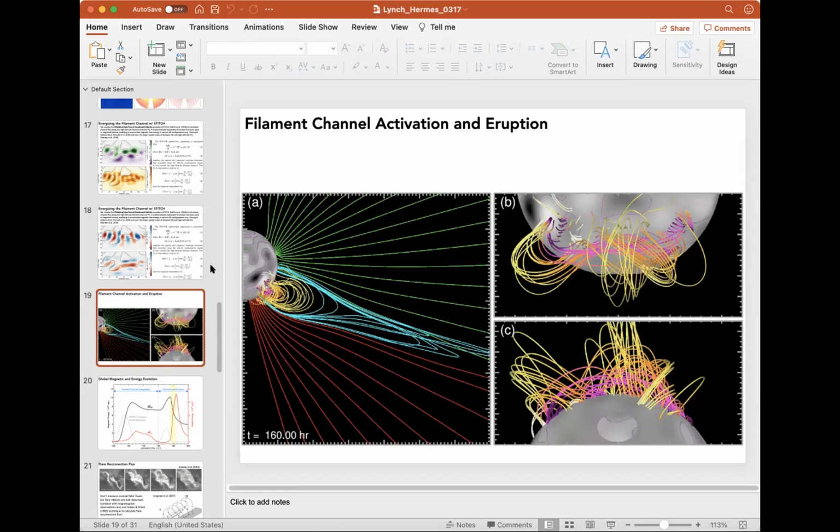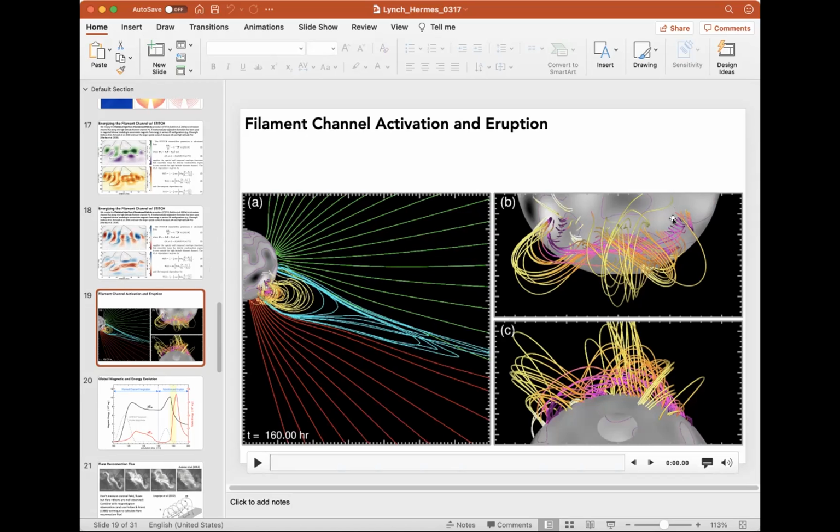So the automated version would be to take his global magnetofrictional code and run that forever. Then you've built up these sheared field structures with the right handedness all over the Sun. I think they've done that.